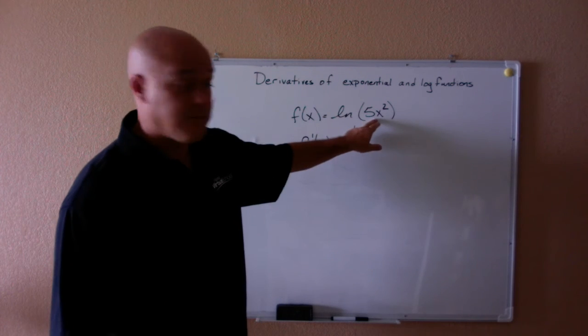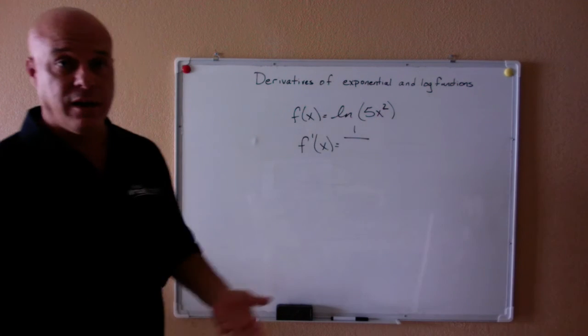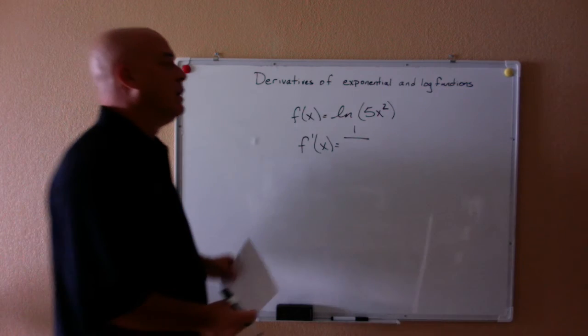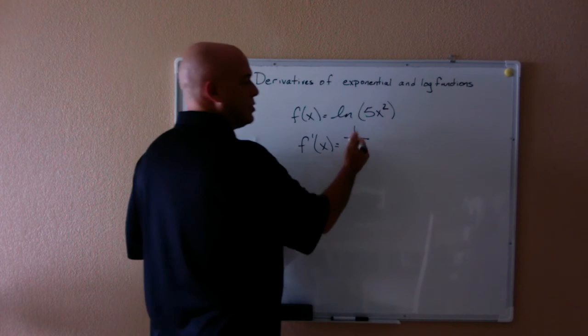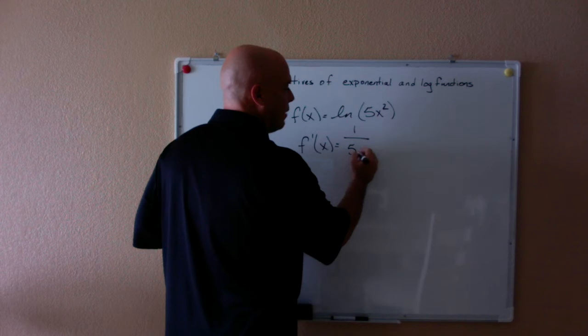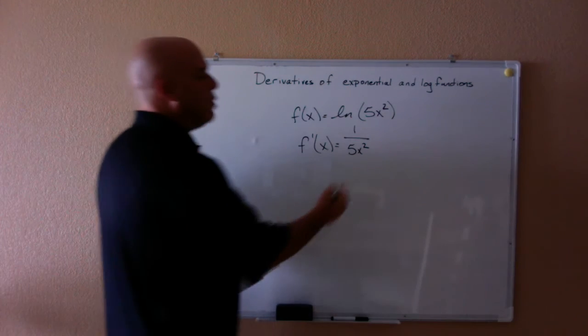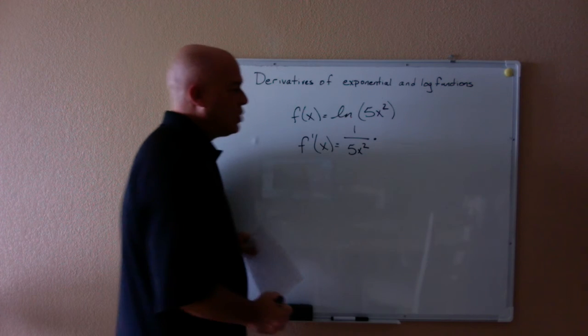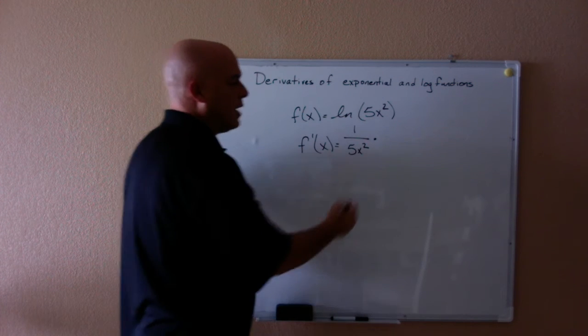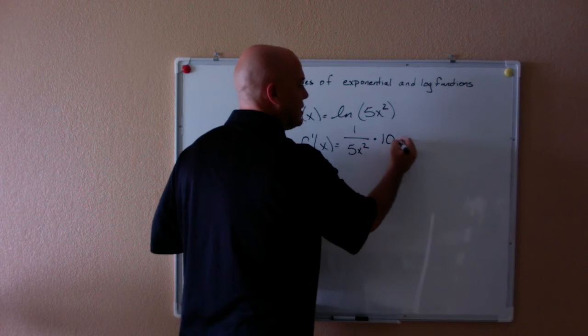We've got a function 5x squared inside another function ln, so we've got a chain rule issue. So I'm going to take the derivative of the outside, which is going to be 1 over whatever I'm taking the natural log of, in this case 5x squared, and then I have to multiply that, because of the chain rule, times the derivative of the inside function, which in this case is 10x.